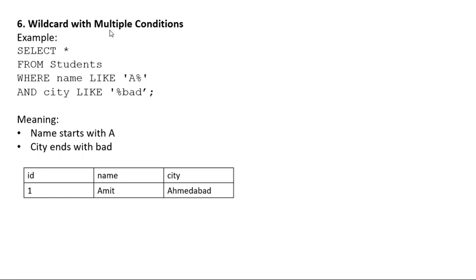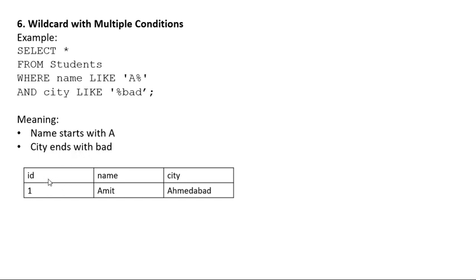Sixth is wildcards with multiple conditions. For example, SELECT * FROM student WHERE name LIKE 'A%' AND city LIKE '%bad'; The meaning is names starting with A and cities ending with bad.